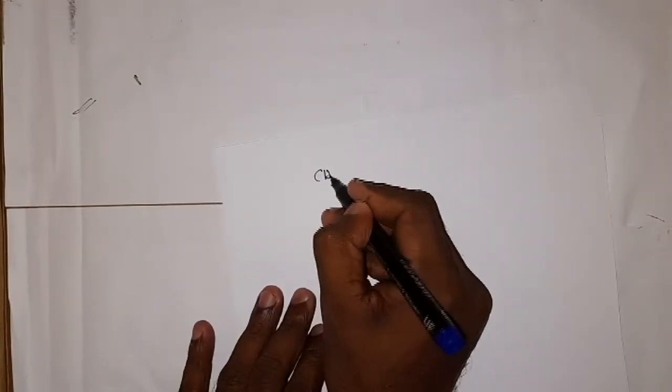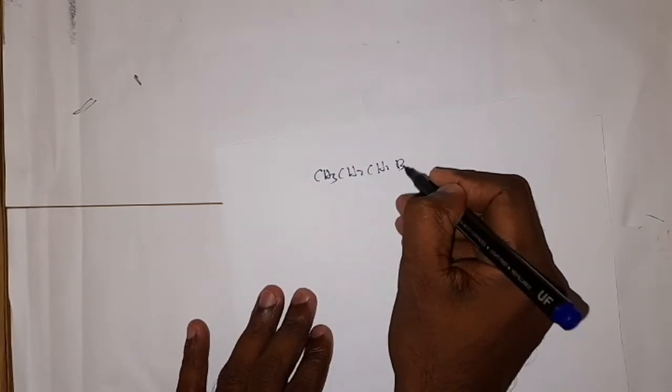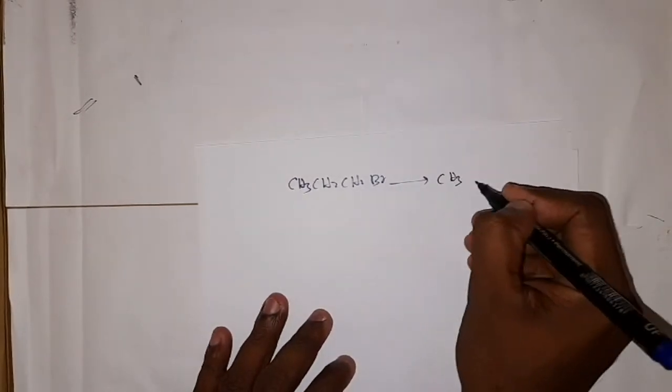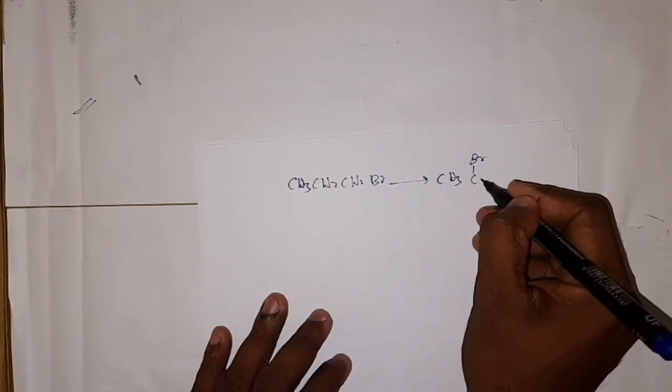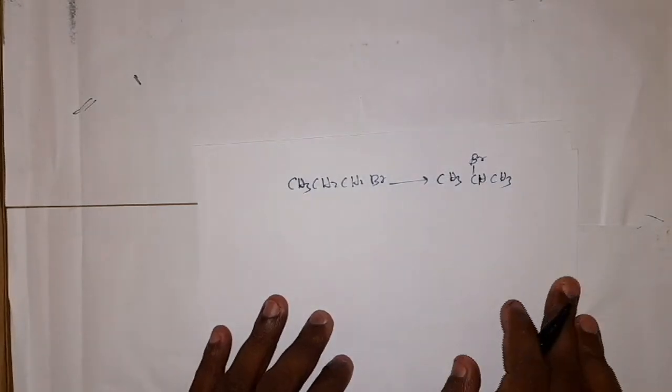Okay, now think about some simple examples. Now CH3CH2CH2Br, and you want to convert this into CH3CHBrCH3. How to convert this into this one?